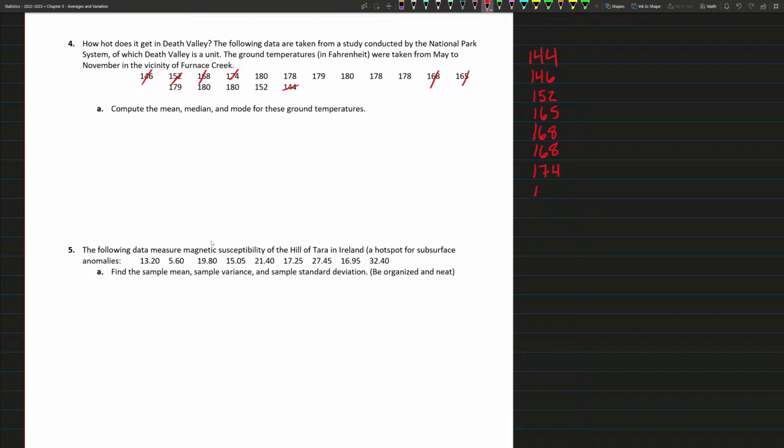Three 178s. Two 179s. There are two 152s, by the way. Four 180s. 1, 2, 3, 4. Yep.